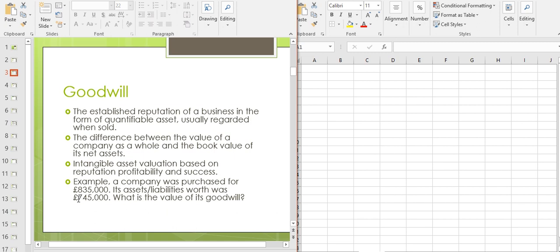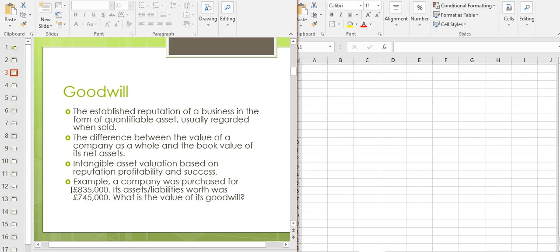Okay, someone could have easily paid 745,000 for the business, but they paid more. And the reason why they paid more is probably because that company is valued higher. Maybe it has a strong customer base, or they have been very profitable, or they have a very good product, etc., etc. And that is basically goodwill.